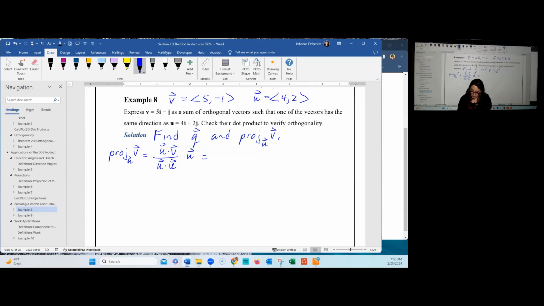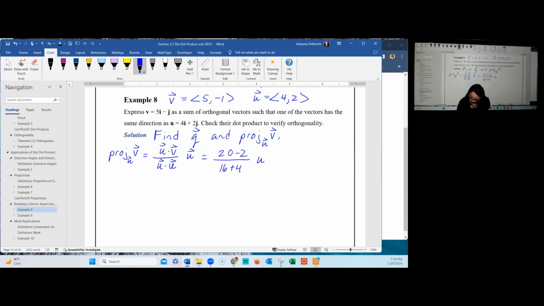So in component form, we just multiply the corresponding components together. So U dot V is going to give me 20 minus 2, over the magnitude of U, which would be U dotted with U. So it's going to be 4 squared plus 2 squared, which is the magnitude squared. So that would give me 16 plus 4.